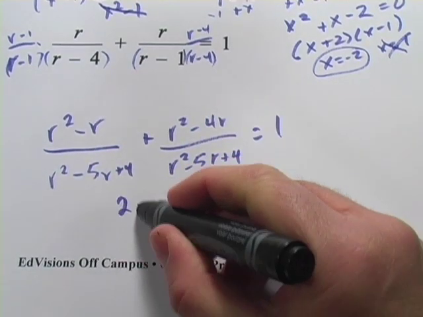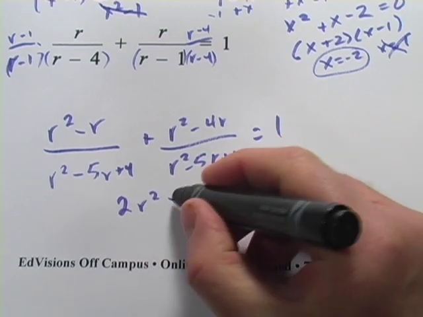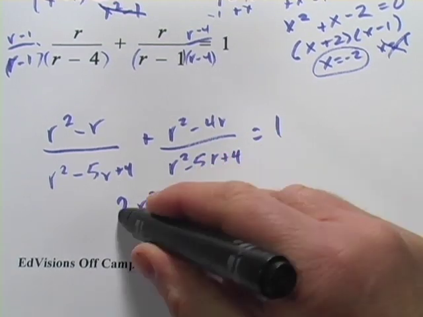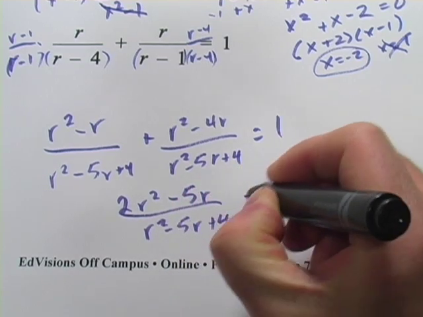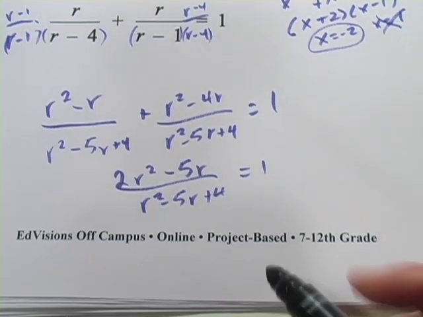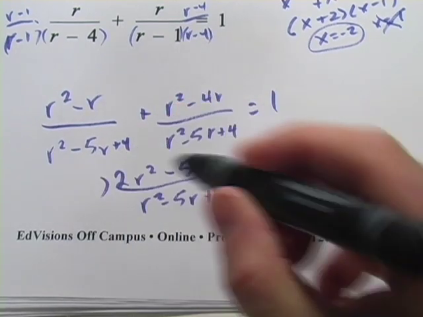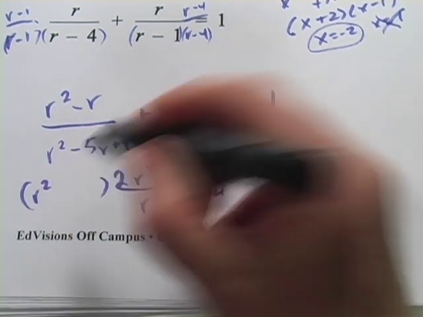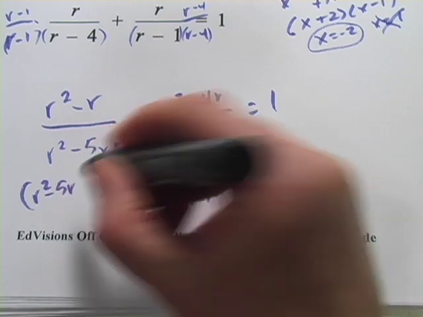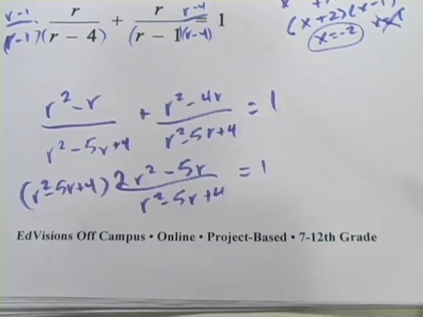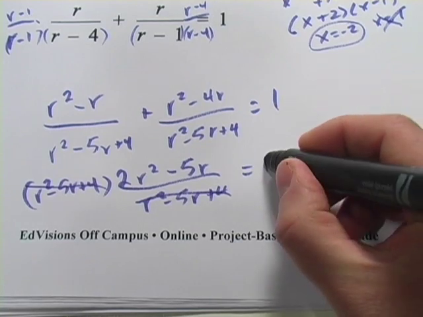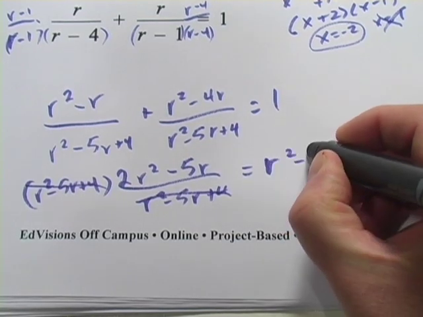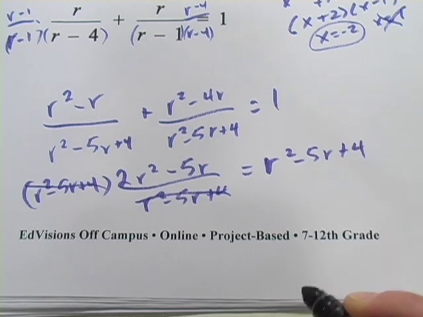So we're going to get 2r squared minus 5r over r squared minus 5r plus 4 equals 1. And once I've got it down to this shape, I can multiply by the denominator. So we're going to multiply both sides by r squared minus 5r plus 4. Over here, that's going to cancel. Over here, we're multiplying that by 1, so really we're just going to get r squared minus 5r plus 4.